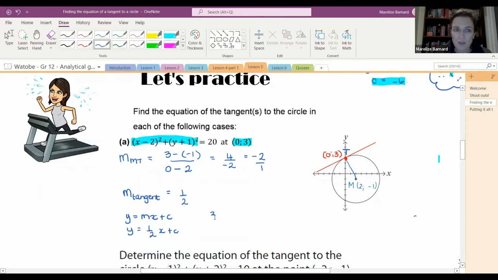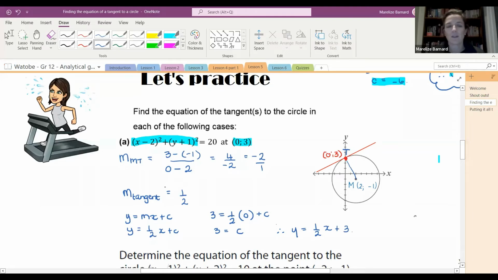So y is 3 and x is 0, and we are solving for c. So c is going to be 3. Put it all together, write down the equation with all the information. That's y equals a half x plus 3.